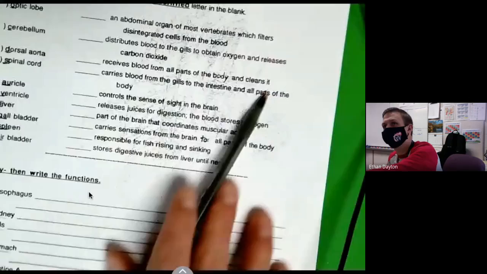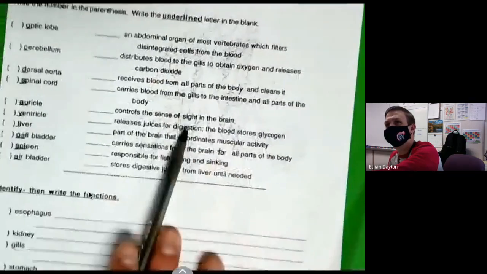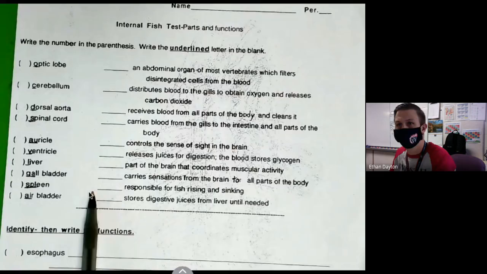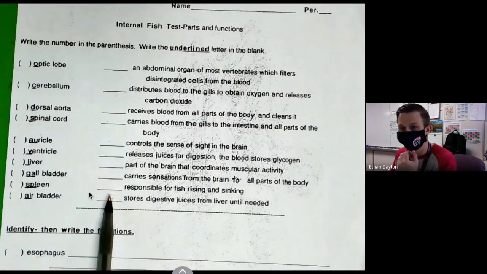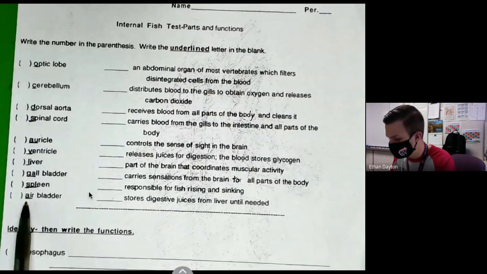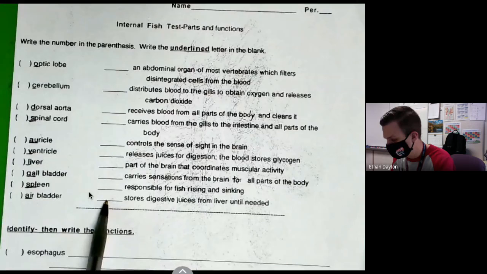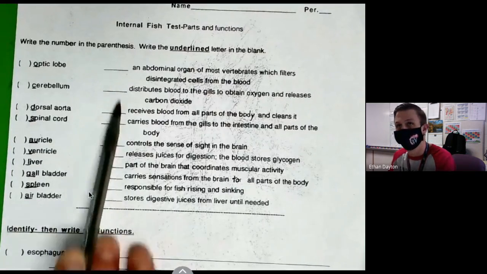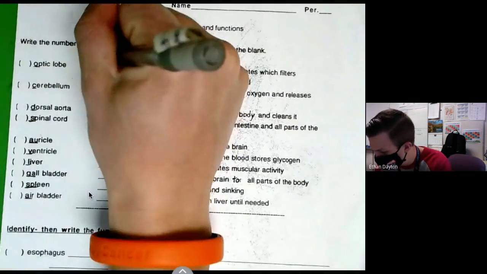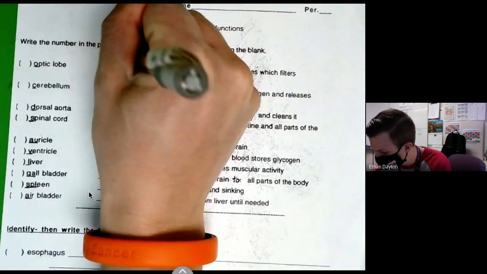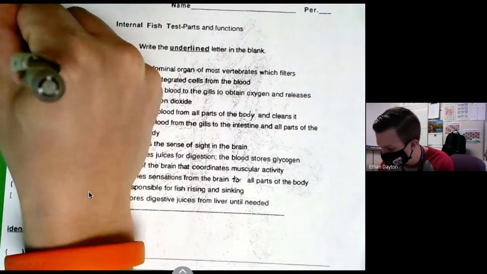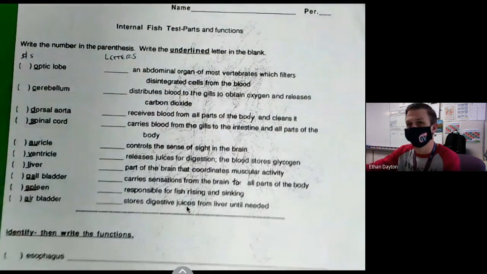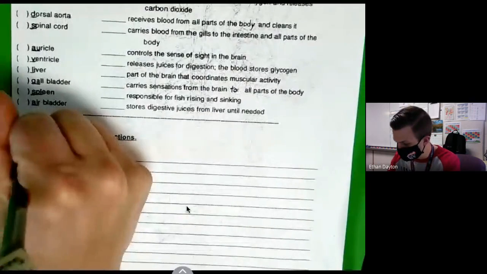So over here we have the functions. Zach Vaughn asked if you could write the whole word. Sure, if you want to write the whole word, if you can type it in there, that's fine. But I need you to be writing the letter at least, or letters in here, not numbers. This would be letters. This would be numbers. Okay. And then down here, obviously, these are numbers.